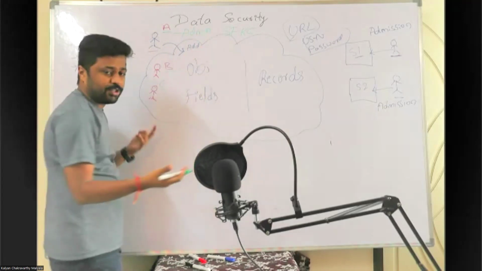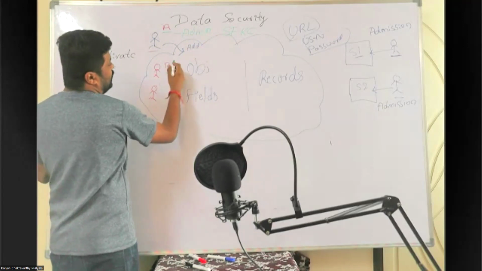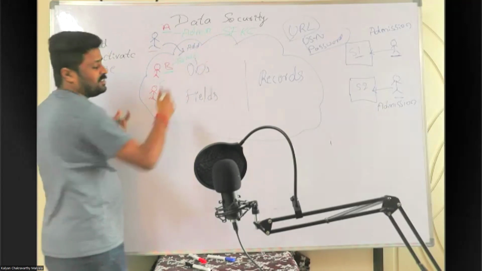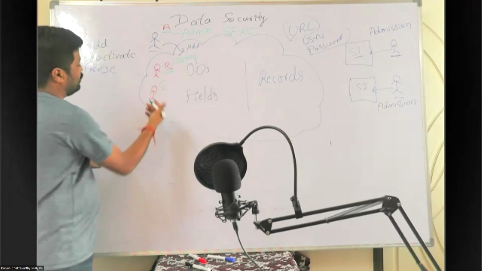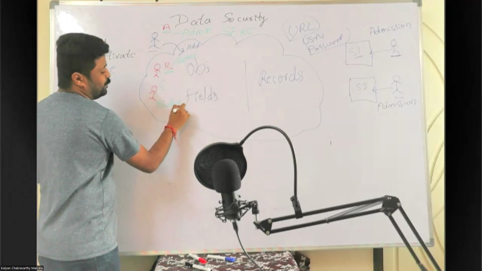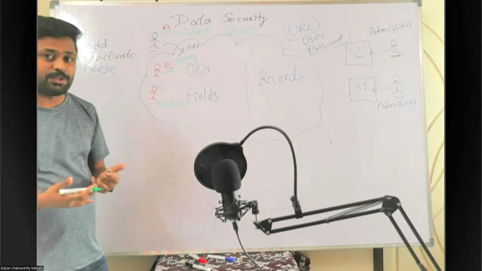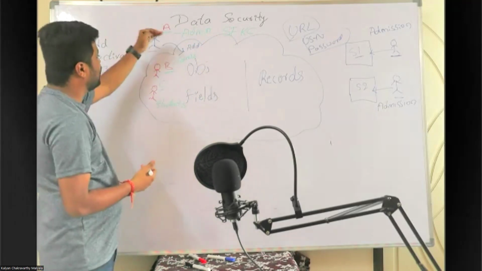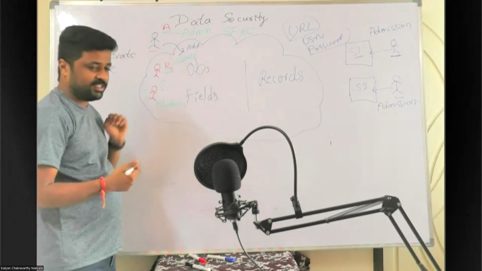User B is the trainers of this institute. User C is the students of this institute. Now there are three different kinds of users: admin, trainers, and students.